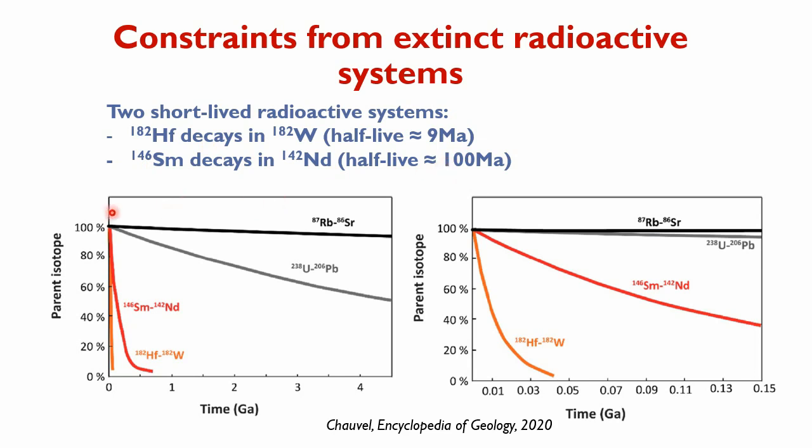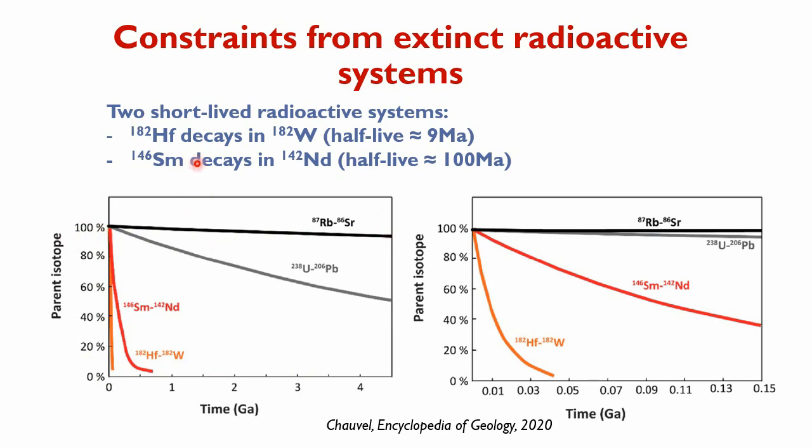So if you look at the figure at the bottom, you see that here we have the time since the beginning of Earth all the way to today. And here you have the parent isotope. So you can see that for a normal radiogenic isotopic system, for example here rubidium-strontium, we had 100% at the beginning, and it has barely changed.